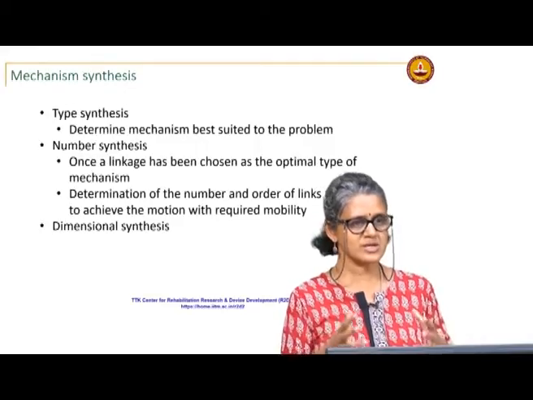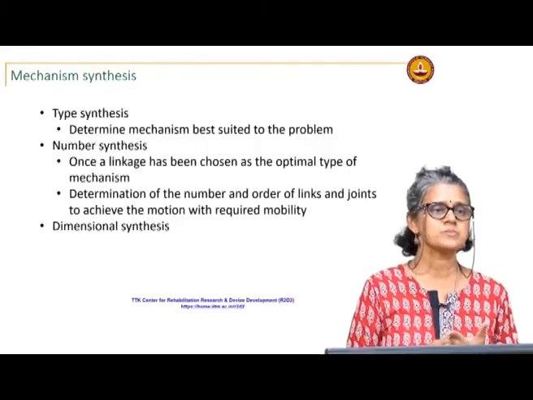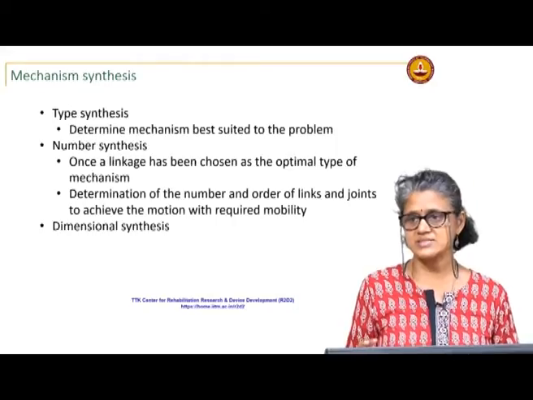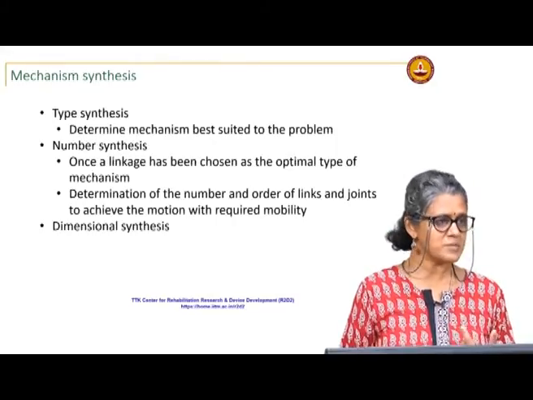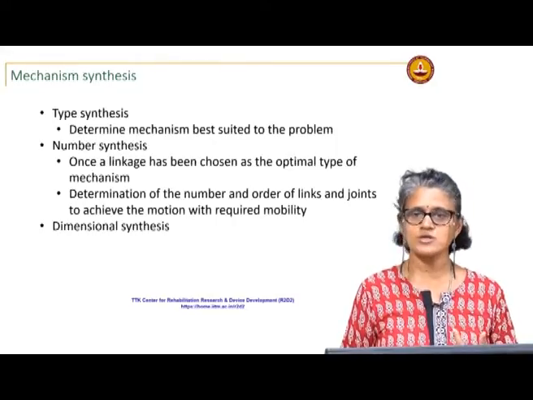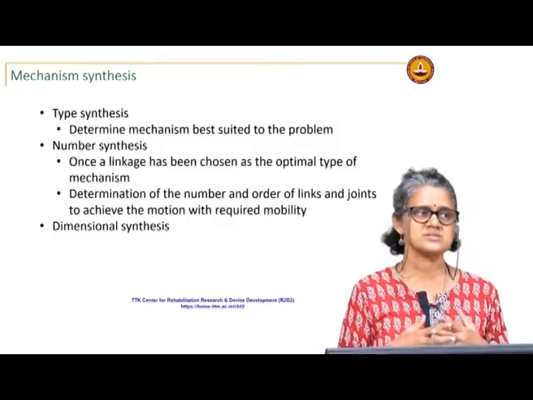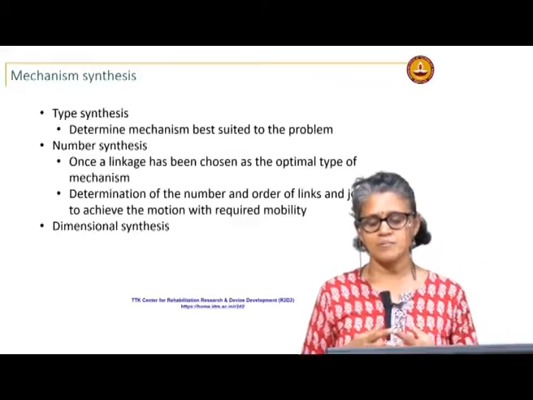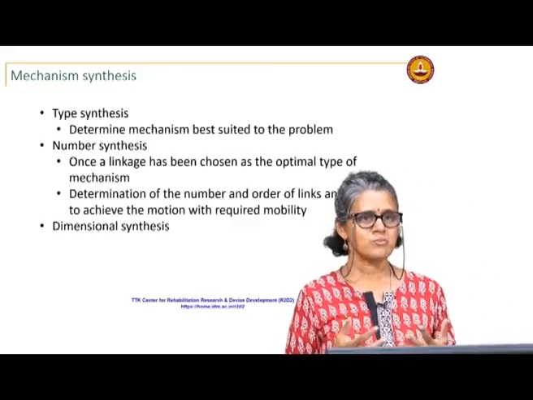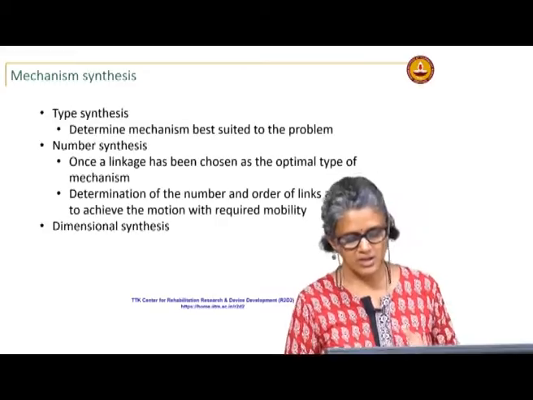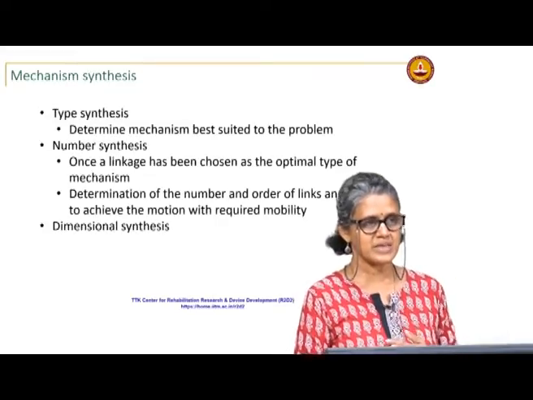Now, we come to the crux of this course, which would be the dimensional synthesis. So, once you have determined that a linkage is what you want, you know what mobility you want for your mechanism. In many cases it may be a 4 bar or a slider crank or some combination of that.